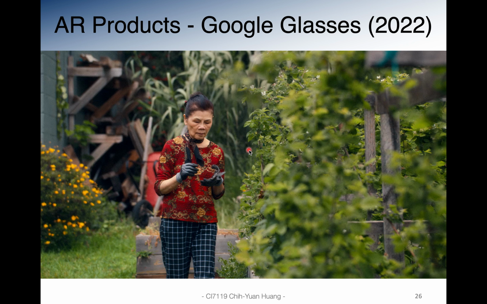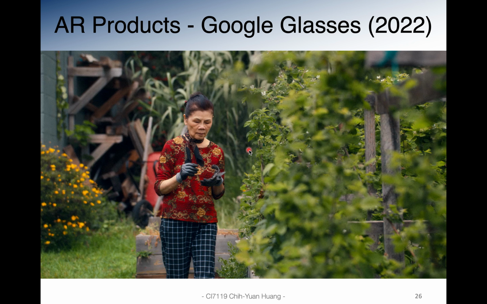So that is kind of like adding subtitles to the real world. In this case you can communicate with people who don't speak the same language, and it can help the communication a lot.